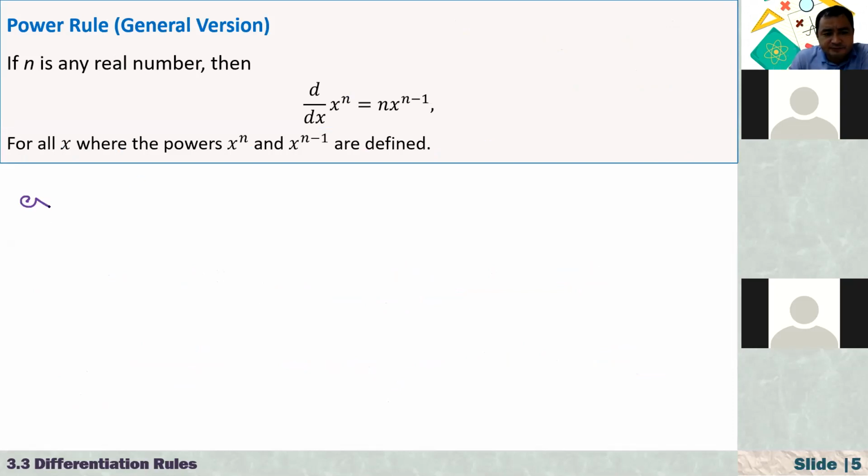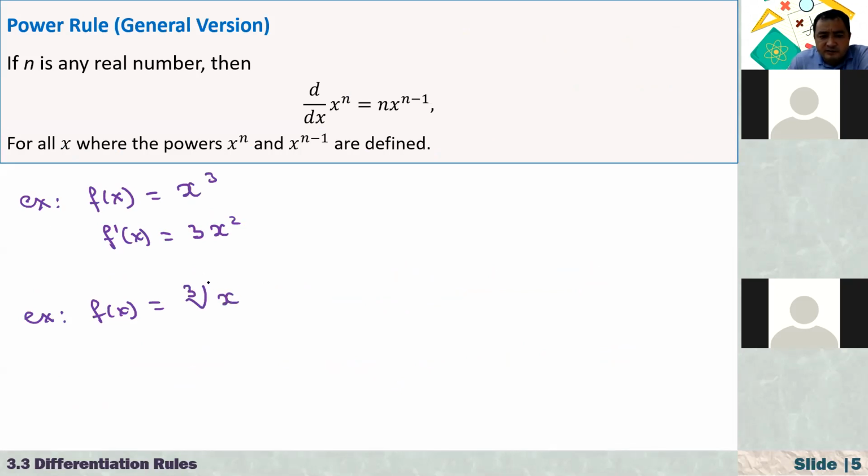Some examples: for example, f of x is equal to x cubed, right? What is f prime of x? f prime of x is equal to 3x squared, right? Another example, how about f of x is equal to cube root of x?